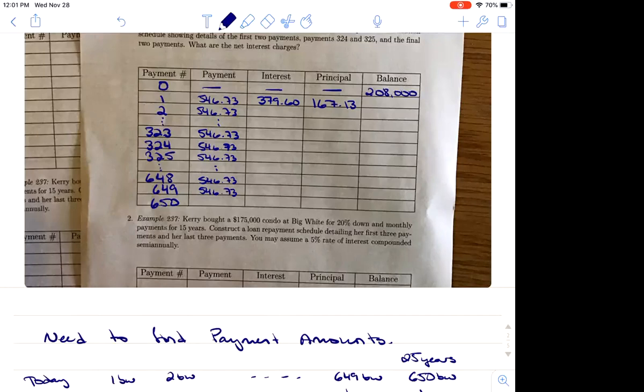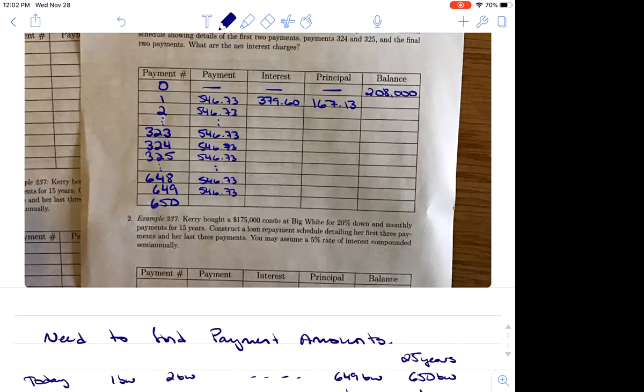So we always have to pay off the interest first, and then whatever is left over of your payment goes towards your principal. Womp womp. So only $167.13 are going to get chopped away from that 208,000.